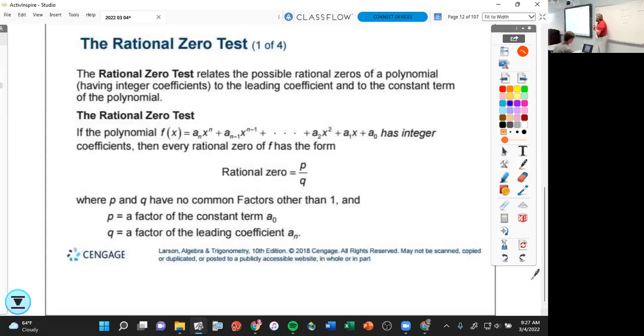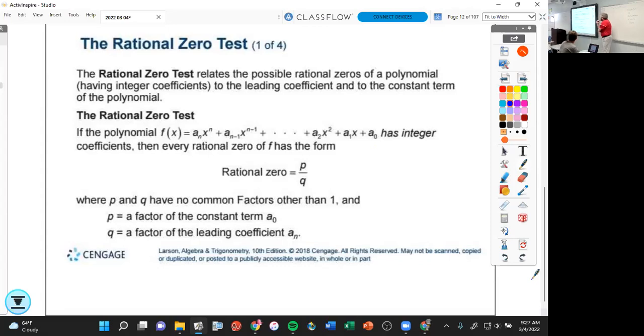So what the rational zeros test tells us is, hey, I know there's a lot of numbers you can choose from, but these are the only ones that might work. I'm not saying they will work, but these are the only ones that might work, okay? That way you're not just randomly choosing numbers that I guarantee won't work. Because if you choose a number that's not one of these rational zeros, I guarantee you it won't work.